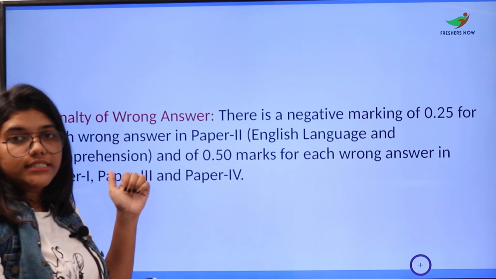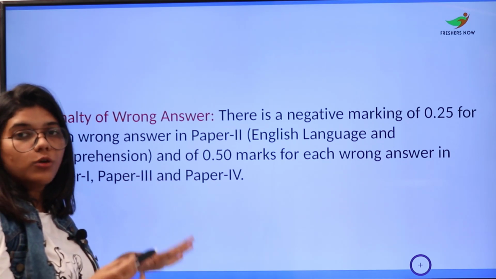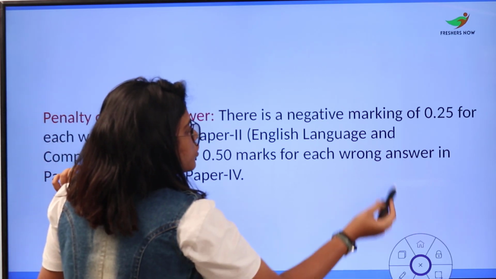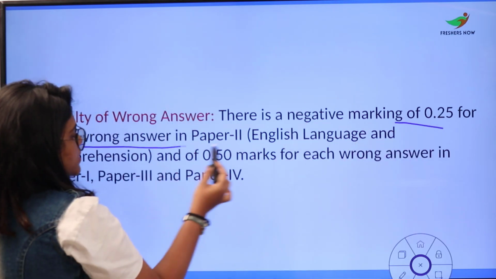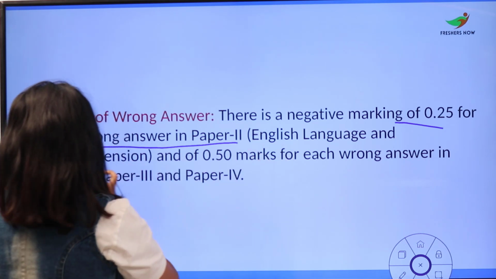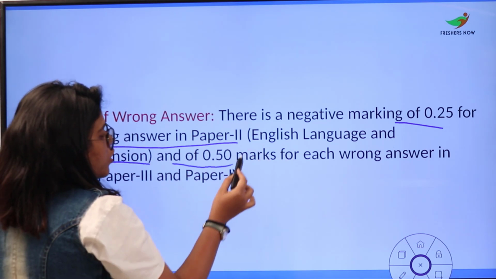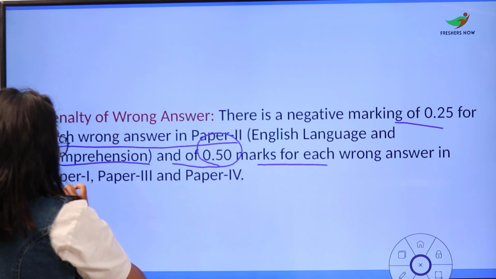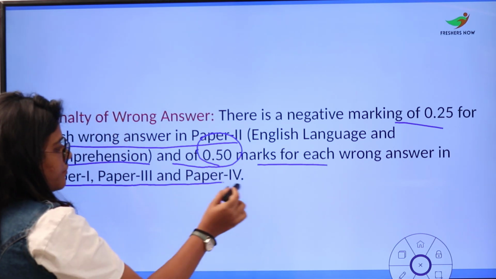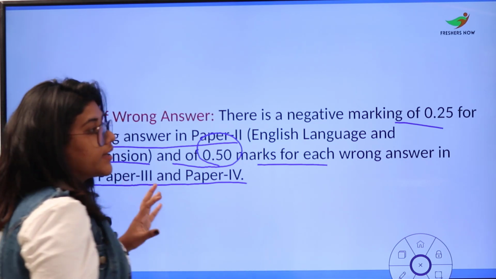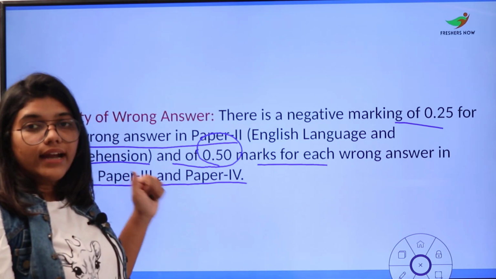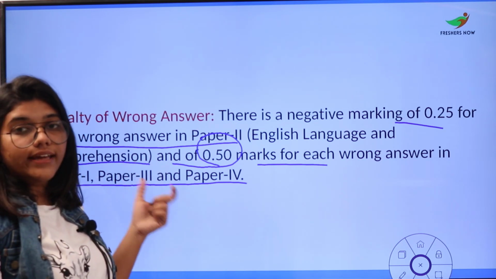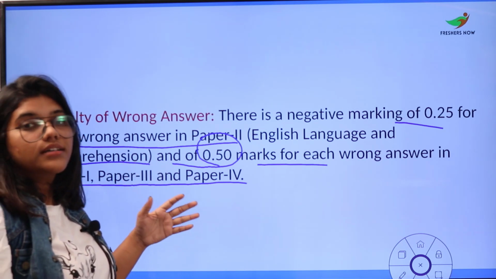As I've mentioned for the tier 1 exam, the tier 2 also carries a negative marking, but the negative marking is 0.25 for every wrong answer in paper 2, English language and comprehension, and 0.50 marks will be cut off for each wrong answer in paper 1, paper 3 and paper 4. So accordingly, please prepare and take note of the main criteria of wrong or negative marking, which is mentioned here on the screen.